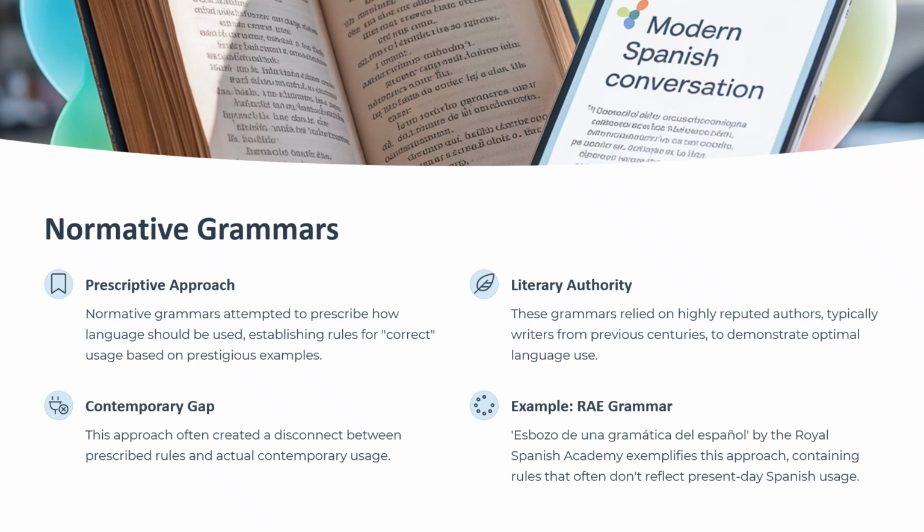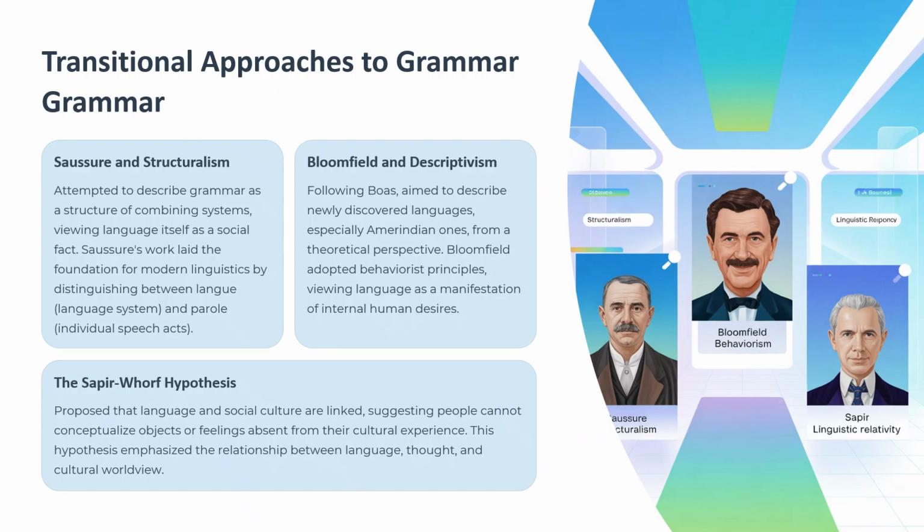Literary authority. These grammars relied on highly reputed authors, typically writers from previous centuries, to demonstrate optimal language use. Example, the Royal Spanish Academy's Esbozo de una gramática del español exemplifies this approach, containing rules that often don't reflect present-day Spanish usage.